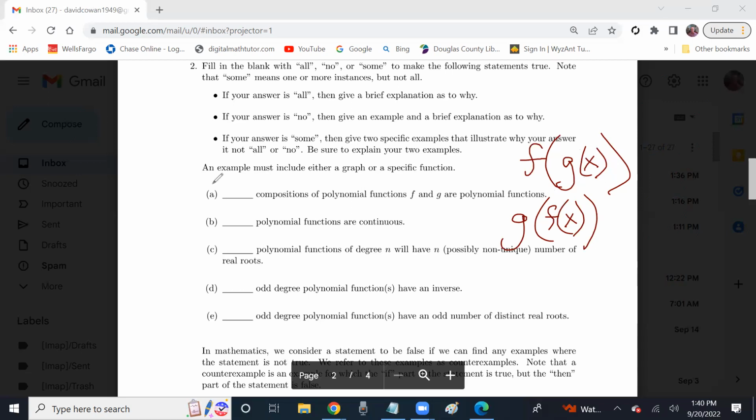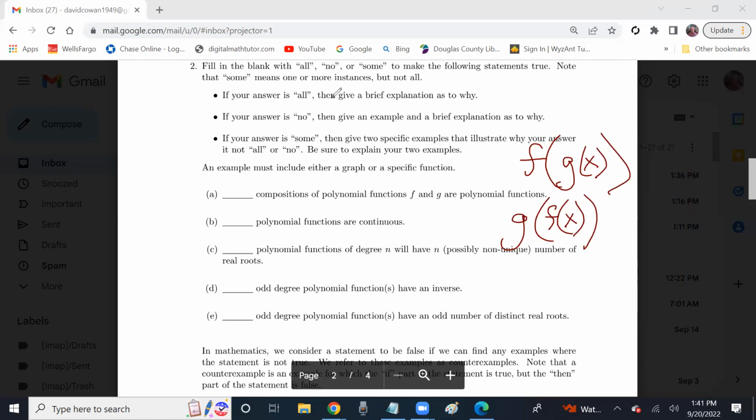So the question is, when you have a composite function between f and g, do you still have a polynomial for sure? What do you think? I think it would be some, right?